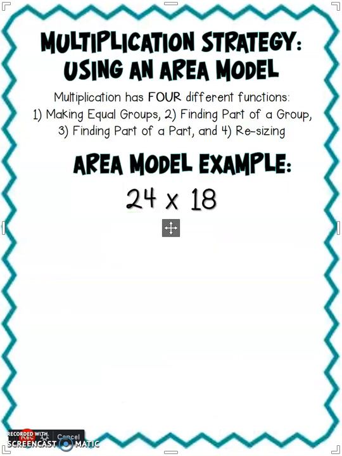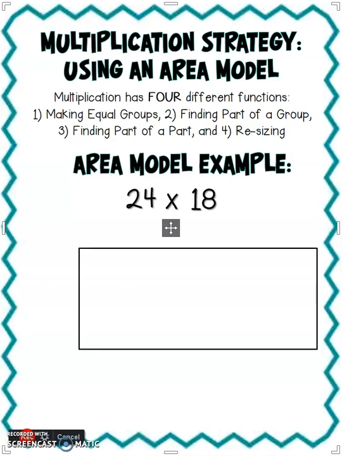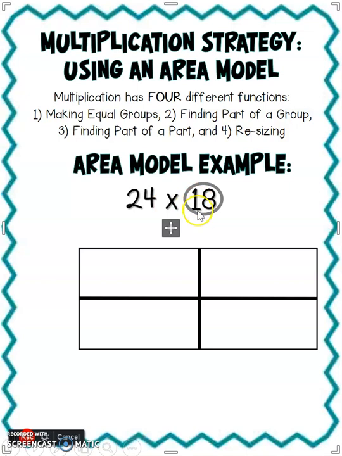This time, I'd like to look at the example 24 times 18. I'm still going to start with a rectangle, and I'm still going to look at my second factor. But now, I don't have just a single digit, I have a two-digit factor. So this time, instead of just leaving the one open rectangle, I need to split it into two columns for the two digits in 24, and also into rows for the two digits in 18.